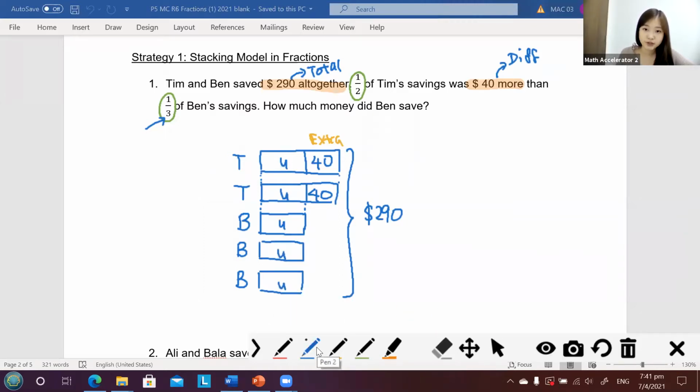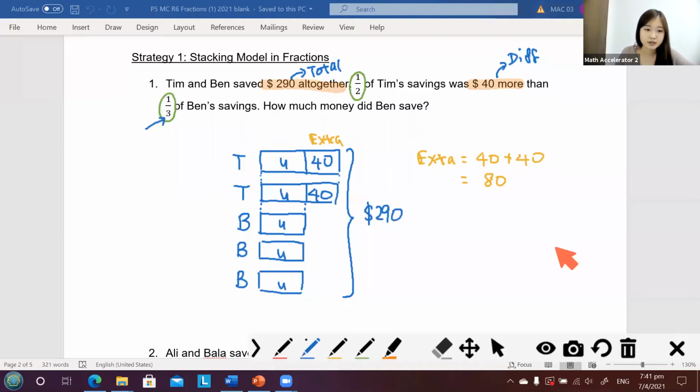So what do we do first? Yes, thank you, Reem. Add up the 40. So we get the extra first. 40 plus 40, or you can take 40 times 2. That will get you 80.